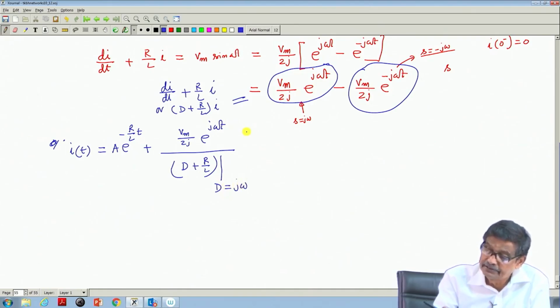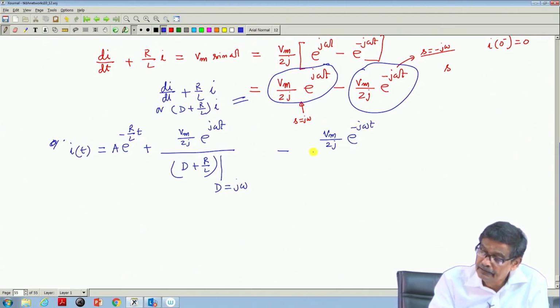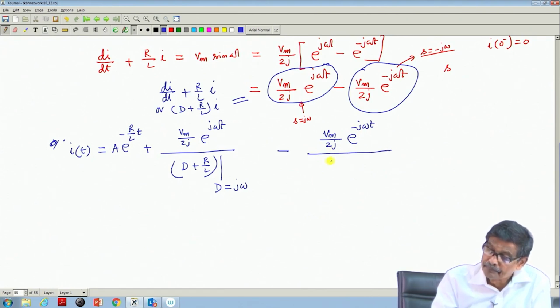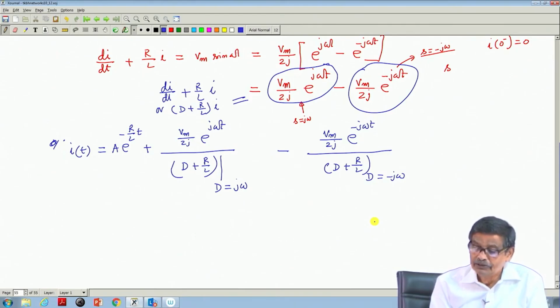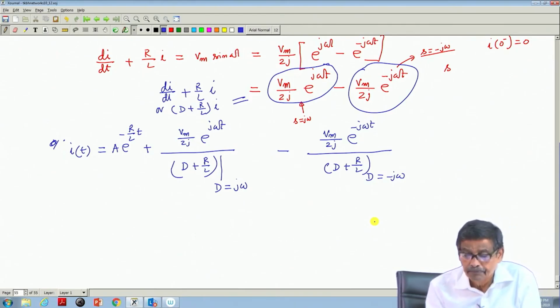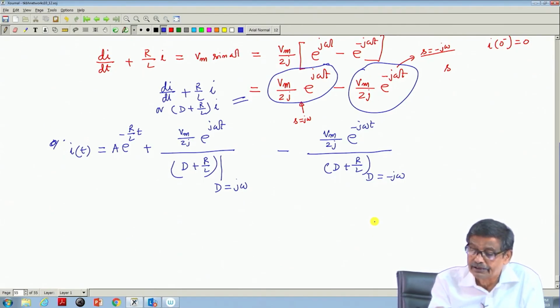What is the value of s? j omega for this signal. Then minus once again another exponential signal whose s value is minus j omega. So, e to the power minus j omega t divided by D plus R by L, with D equal to minus j omega now. Got the point? So, I have applied superposition to these two signals.